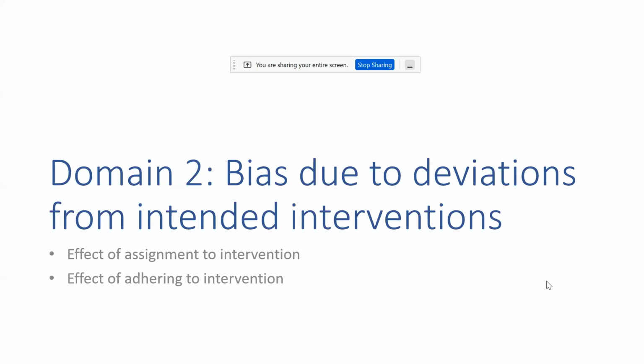And on the other hand, we will need to assess the effect of adhering to intervention in situations where clinical decisions are involved.